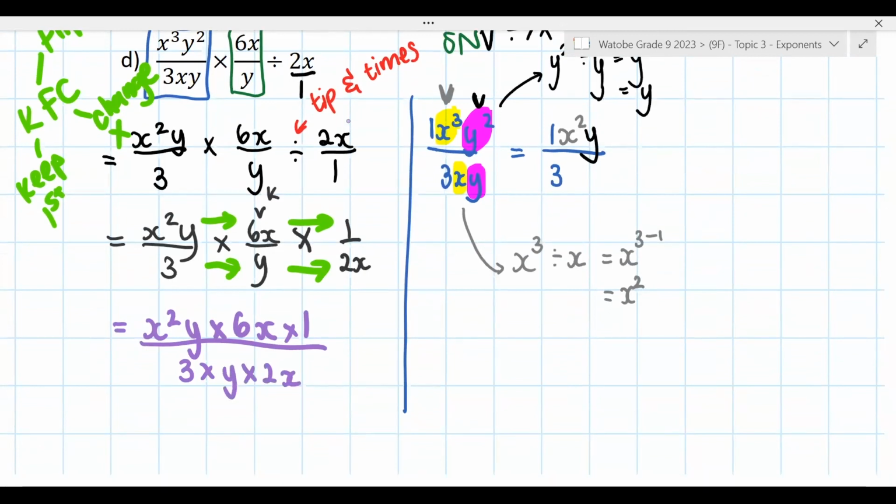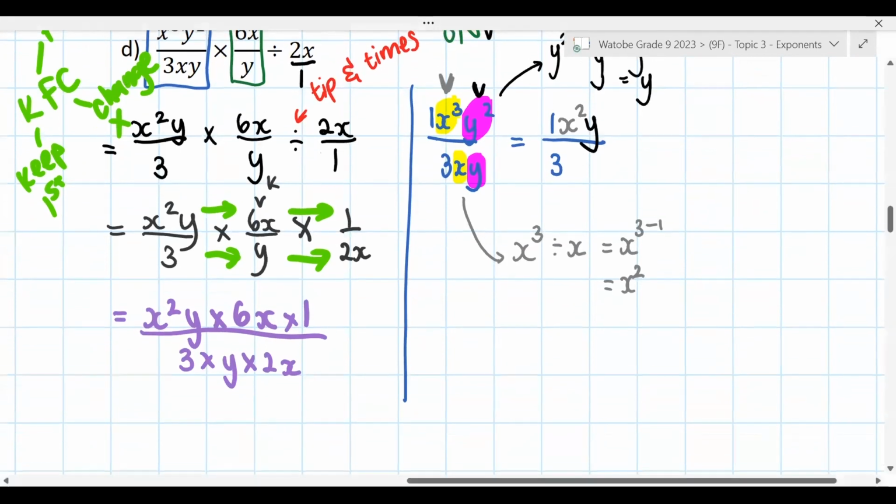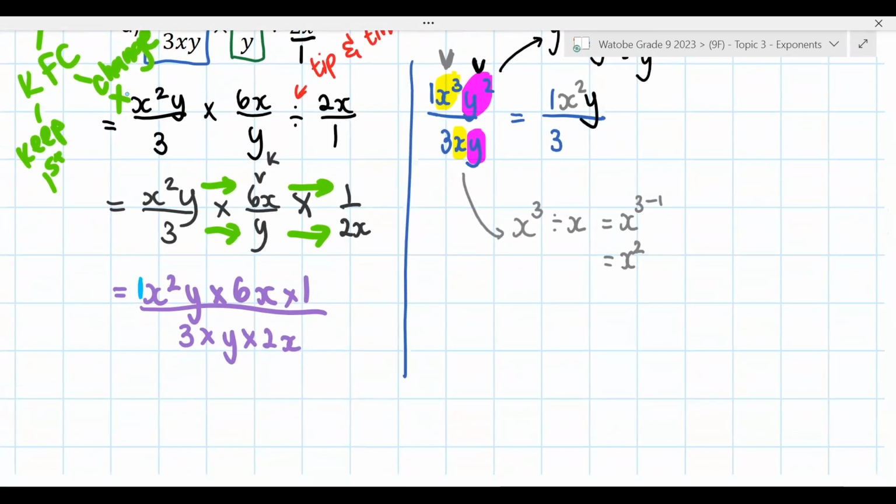Now again, just as Ortile said, we can apply SNV. In our numerator, let's start with our numbers. We've got a 1 times a 6 times a 1. That gives me 6. Then I go to my variables. Remember, same basis. So I do the x's first. X squared times x gives me x cubed. Now there's only one single y.